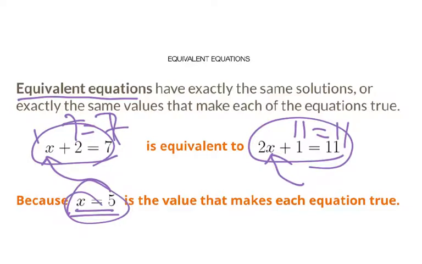The value that made x equal to 5 is what made the equations true. Equivalent equations have exactly the same solutions. So that's what's key here. All right, moving on.